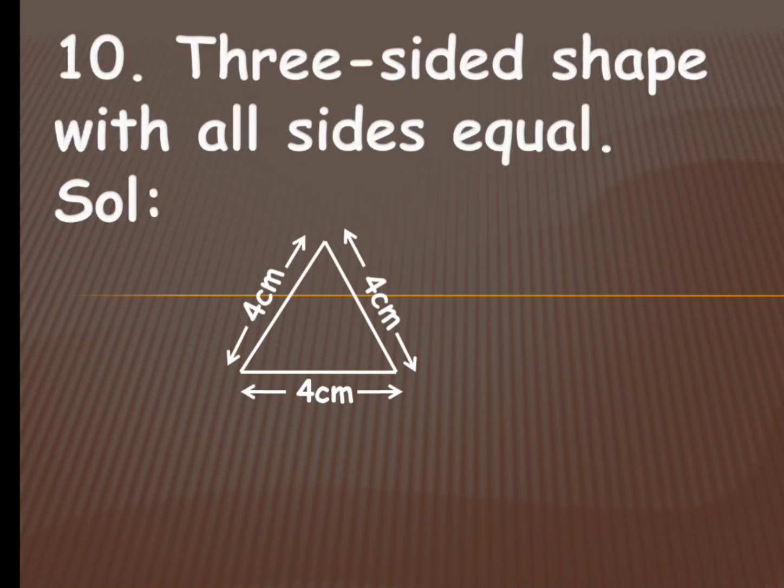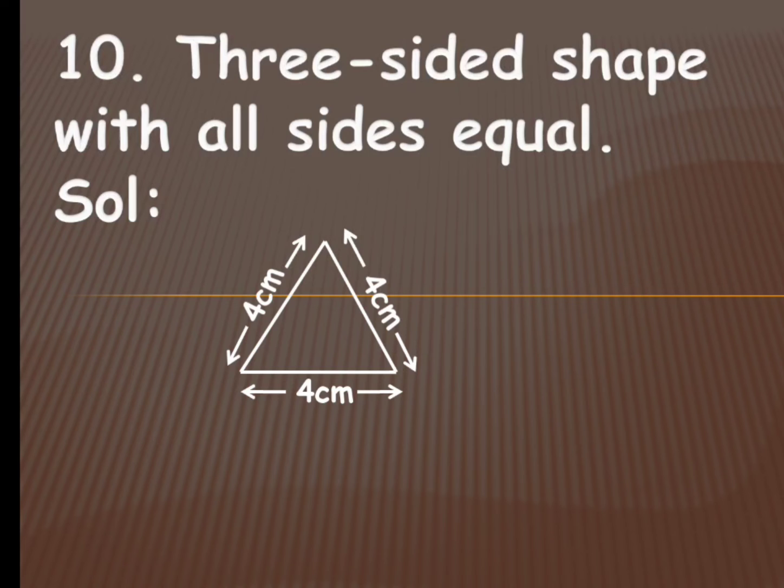Okay, so if you have to name it, three-sided shape with two angles equal and two sides equal, that becomes an isosceles triangle. So you have to write isosceles triangle over there. Then three-sided shape with length of all sides equal, that we have done just now. So that becomes an equilateral triangle. So you have to write equilateral triangle.